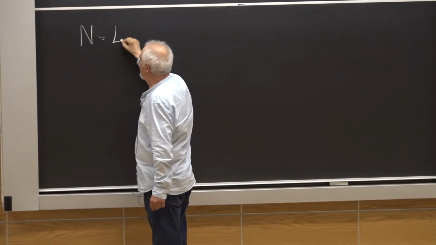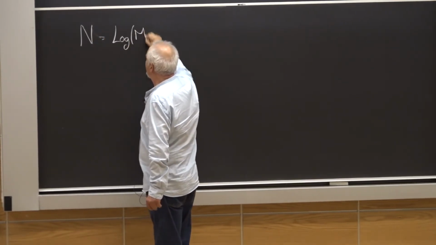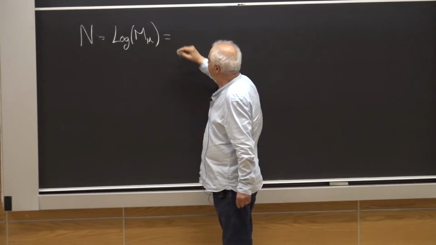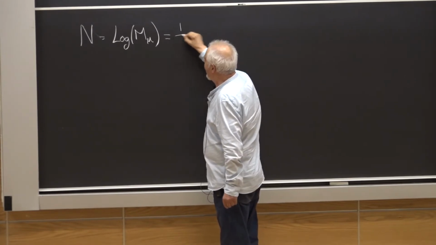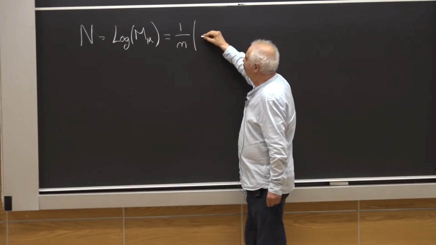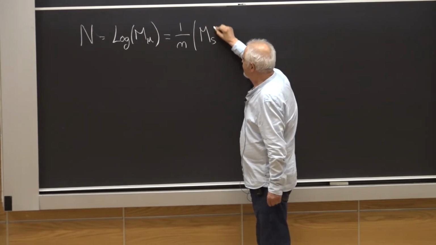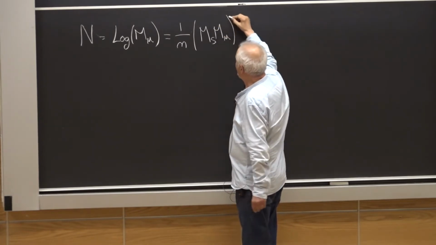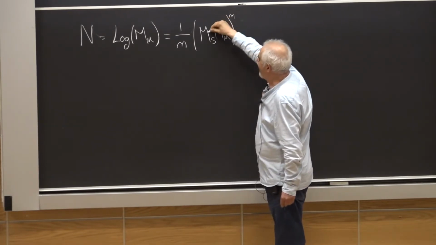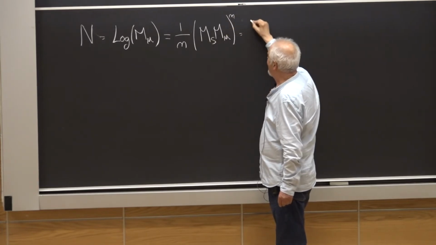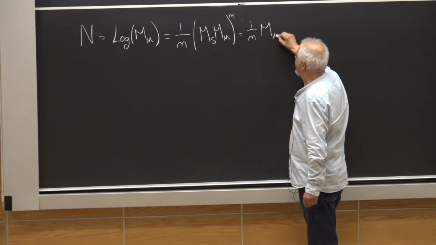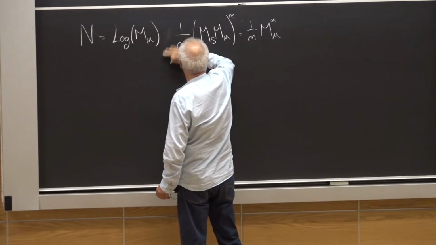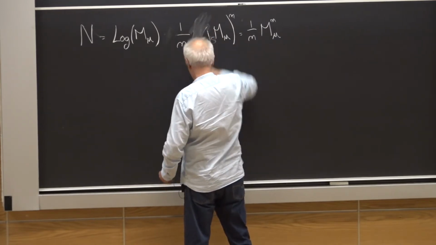This is equal to the logarithm of the unipotent part of the matrix, and in this case, this means the following: it is going to be 1 over n, then we're going to put M_S^(-1) times M, and then to the n. But M_S to the n is the identity, and so we get 1 over n M to the n. And I'm sorry, no. So this is the identity. I'm sorry.